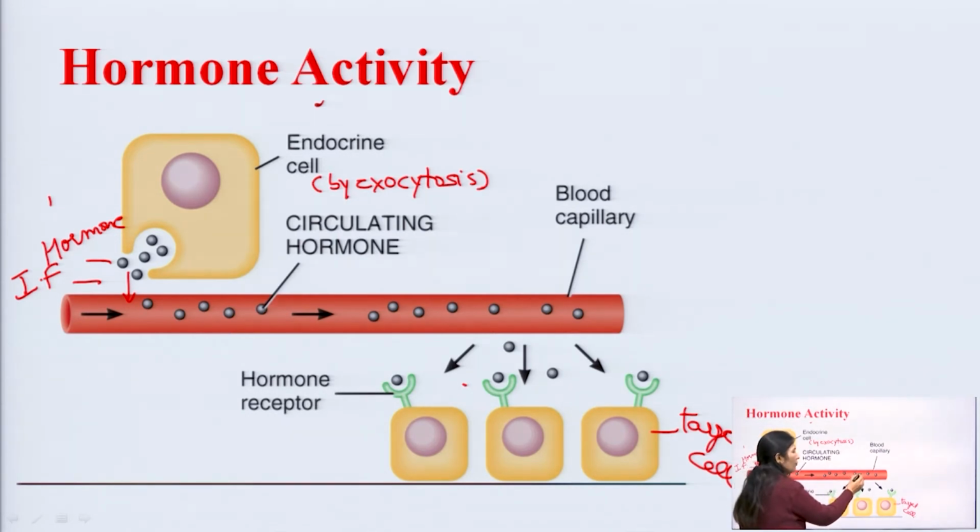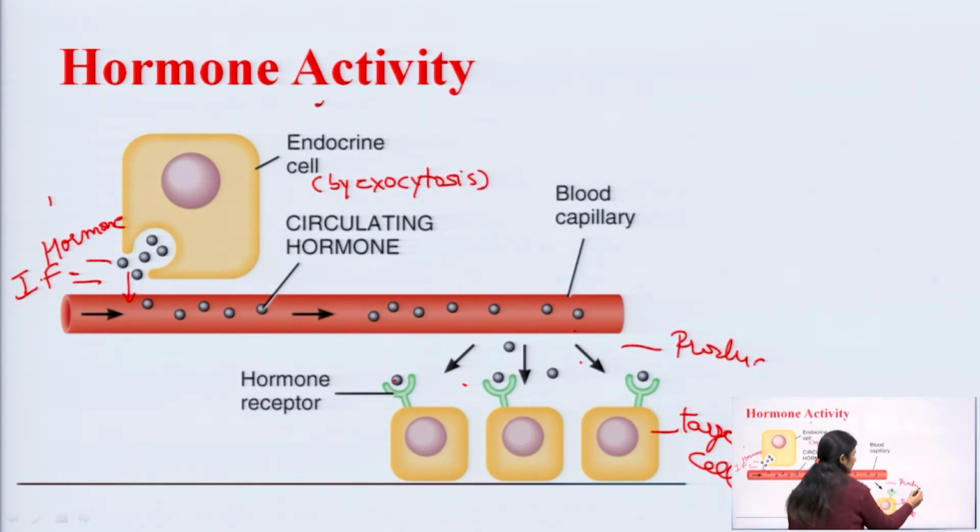So, hormones from the blood go to the target site, bind with the receptor and produce their action. The hormone is released from the cell, goes into the interstitial fluid, enters the blood, and the site of release is far away from the target cell. At the target cell it has its receptor, where the hormone binds with the receptor and produces action.